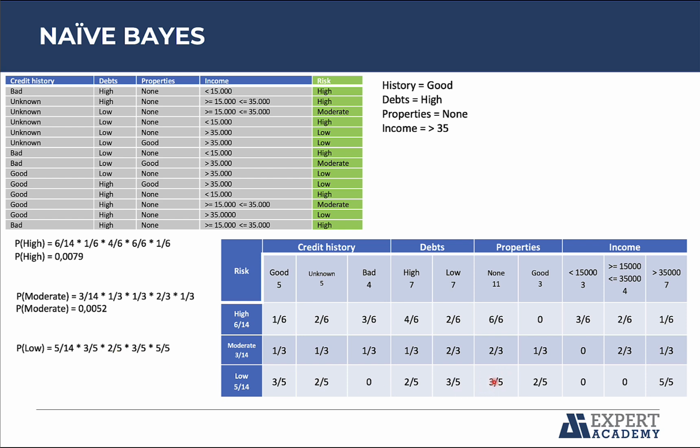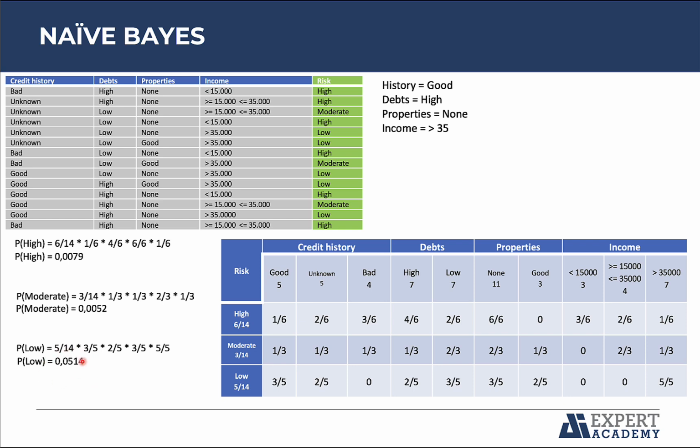Properties none, 3 divided by 5 times 5 divided by 5. The value is 0.0514. This customer will be classified as risk equals to low since this is the higher value.